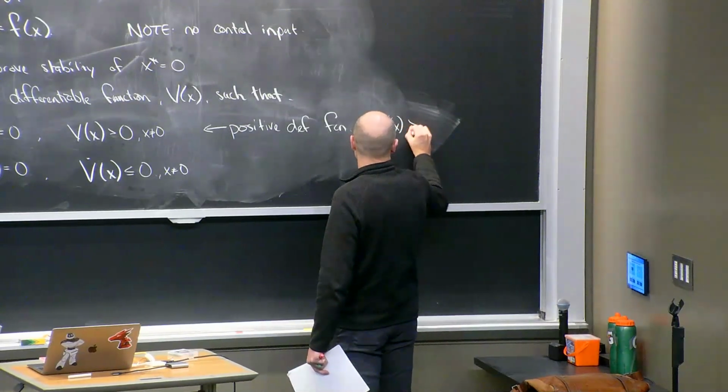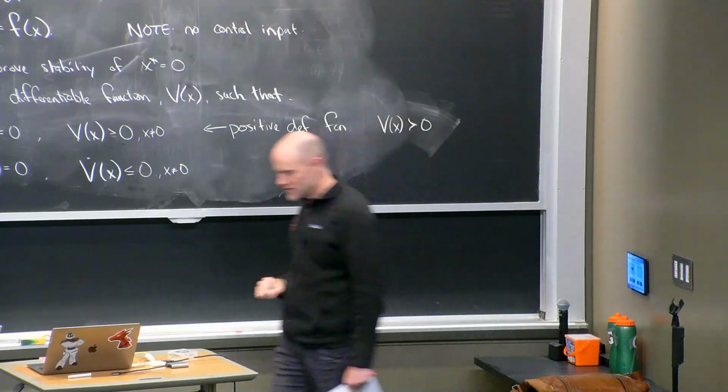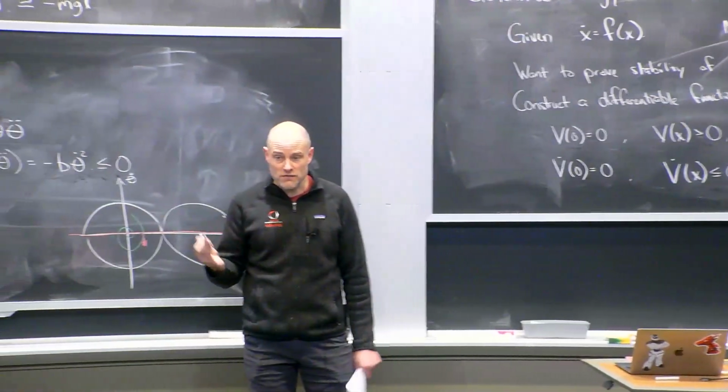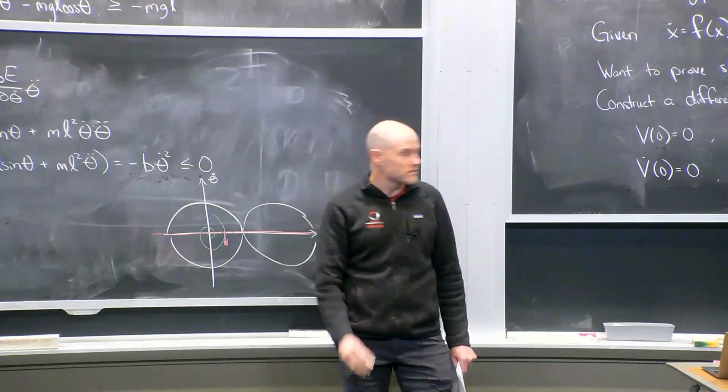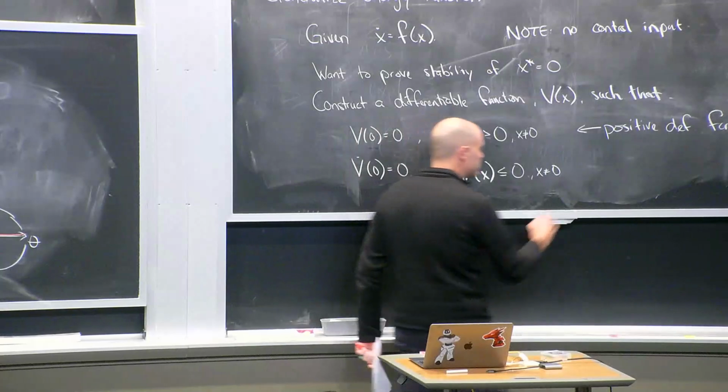We'll say V of x is this symbol, greater than 0. A positive definite function is positive everywhere except for the origin, where it's 0. And then this one will be a negative semi-definite function.